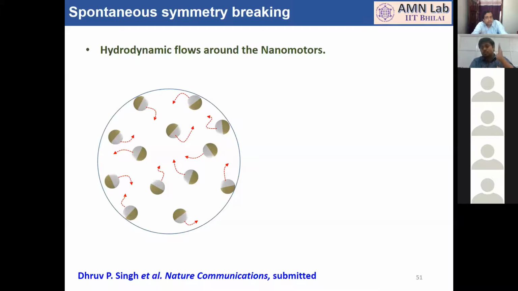If the flow of one motor is going in the left direction and the flow of another is going in the right direction, when they come close to each other they try to reach an equilibrium, a more favorable state in which both can swim together, because they are always facing the hydrodynamic friction generated by the flows. So at high density, the coupling in the flows forces the nanomotors to move in the same direction.